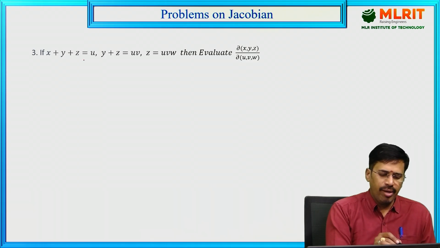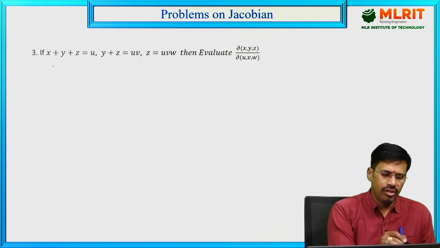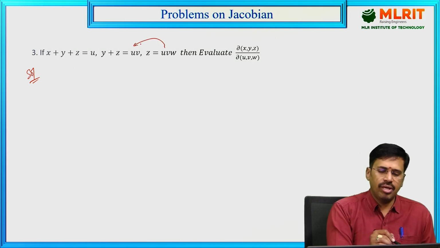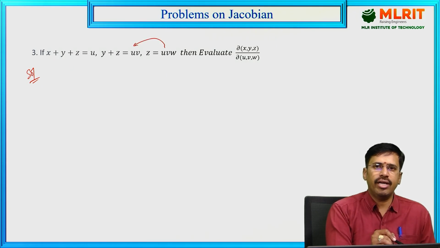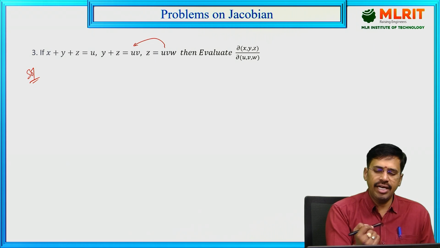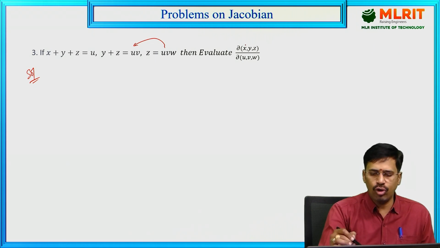x plus y plus z equal to u, y plus z equal to uv, and z equal to uvw. This is a somewhat tricky question. We substitute to get x, y, z values in terms of u, v, w, because we want ∂(x,y,z) with respect to (u,v,w).